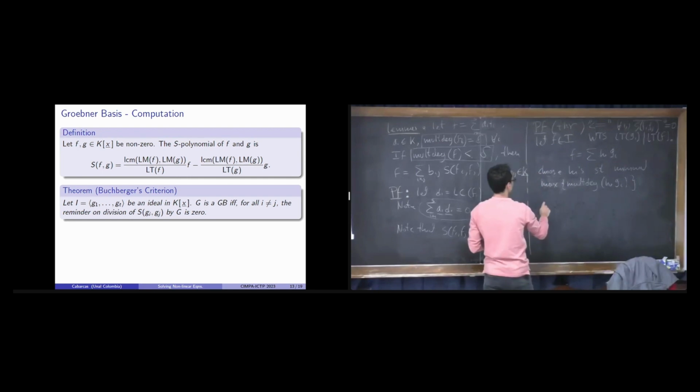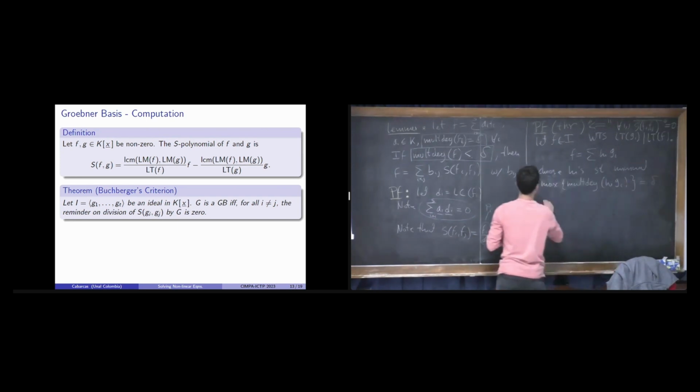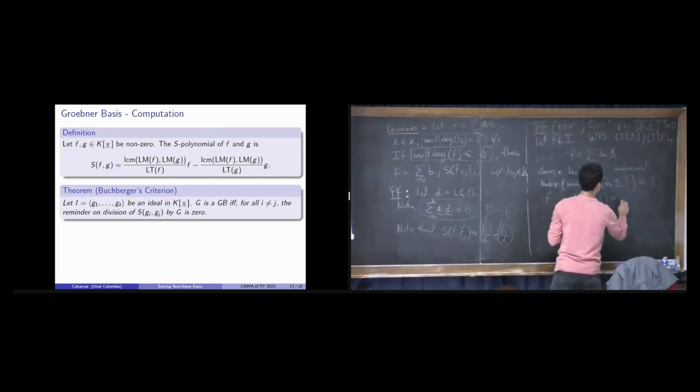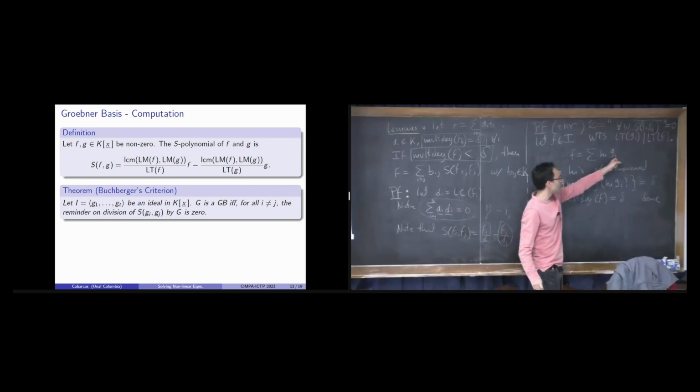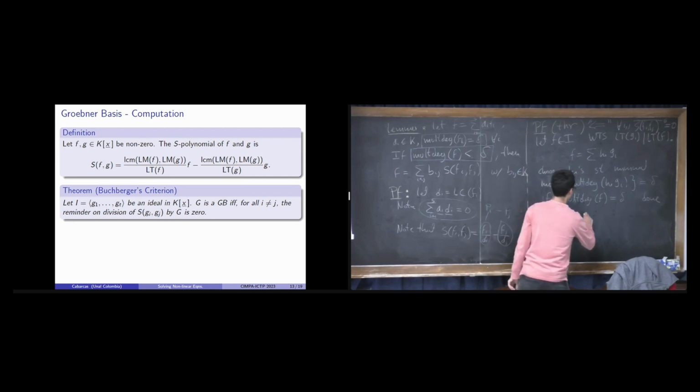Should I call this delta? I'm not sure. If the multi-degree is equal to delta, we're done, because some leading term of G_i divides the leading term of F. So what is interesting is, let's suppose that delta is strictly less.